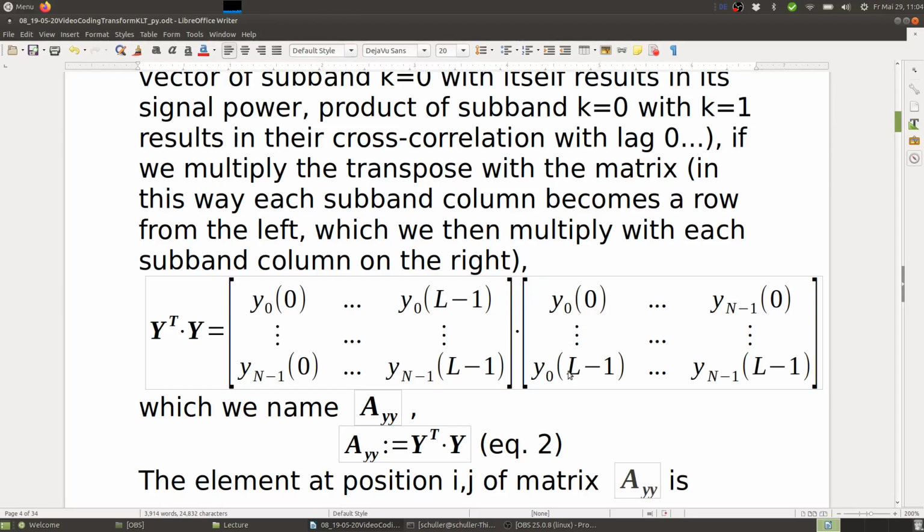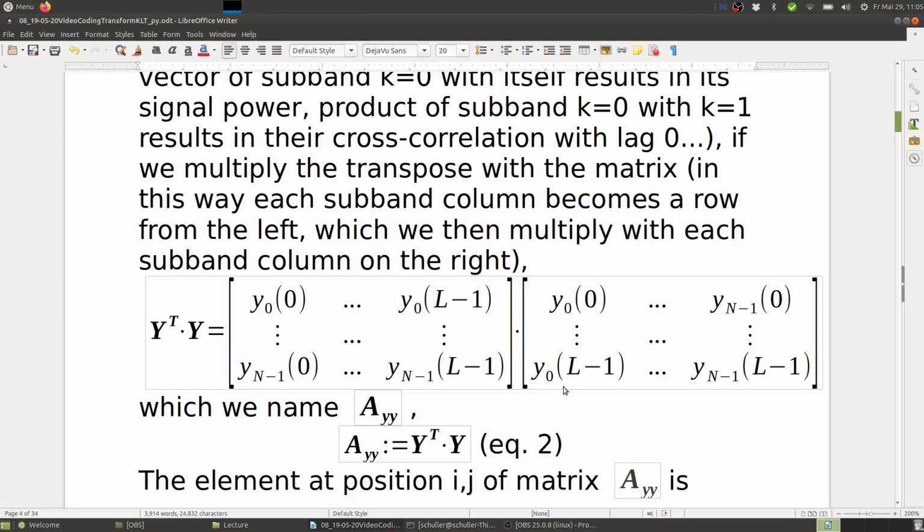Right, and in this case, we just square each entry. So each sample squared, and then we sum them up. That's the result of the first upper left-hand entry of the result matrix. And if we sum the squares of the samples, it's simply the signal power.